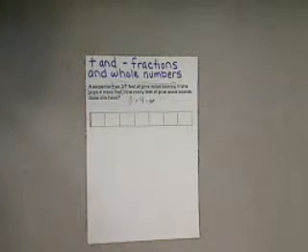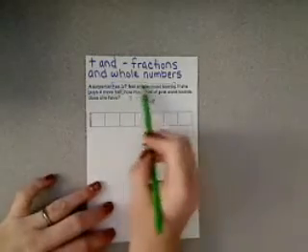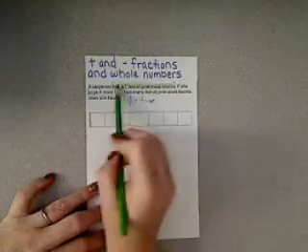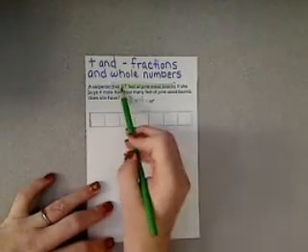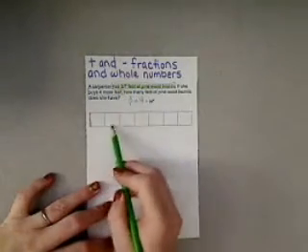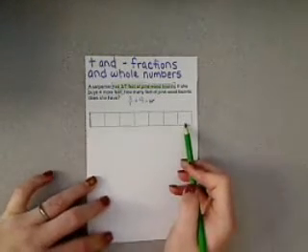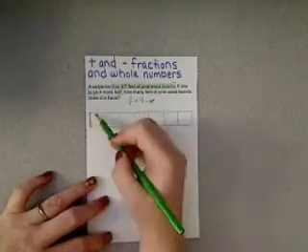So now I'm going to start by filling in my 3/7 feet of pine wood boards. I need 3 shaded out of 7. 1, 2, 3, 4, 5, 6, 7. So I have it already split into sevenths, and I need 3 of them shaded.